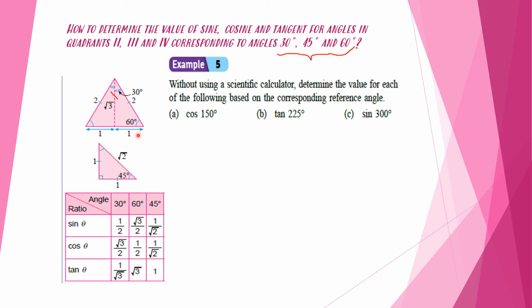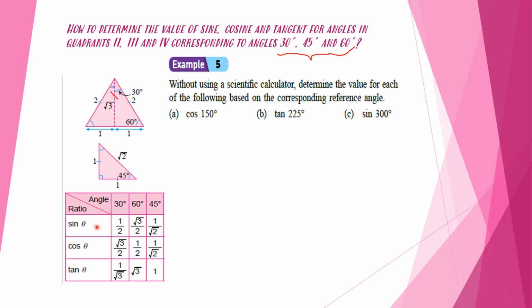Your adjacent is 1. Okay, now another special angle, which is 45, refer to this triangle. This triangle shows a right angle with 45 degrees here.